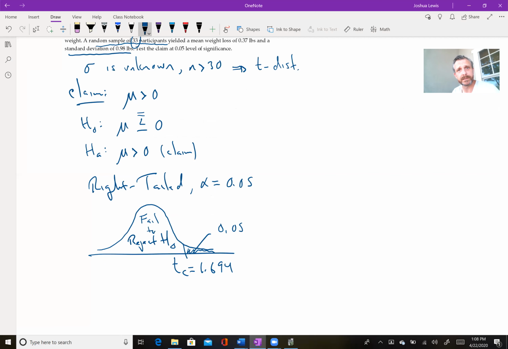Okay. All right, now we go get our standardized test statistic. So T equals, well, mean weight loss of 0.37 minus 0 over 0.98 divided by the square root of 33. Okay.